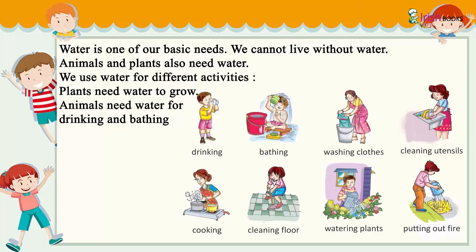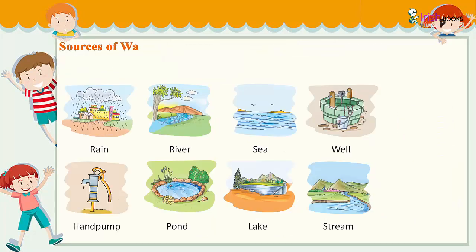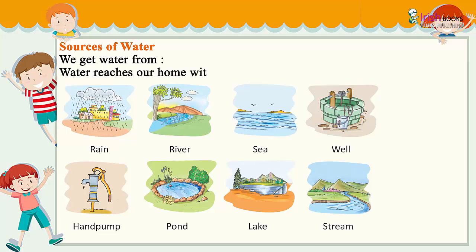Drinking, bathing, washing clothes, cleaning utensils, cooking, cleaning floor, watering plants, putting out fire. Sources of water. We get water from rain, river, sea, well, hand pump, pond, lake, stream.